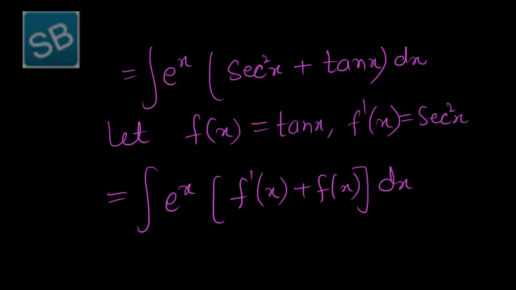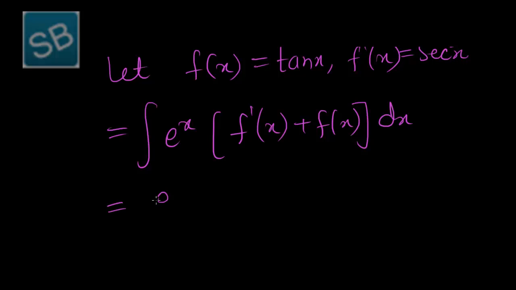Its result is e raised to power x f(x). What is f(x)? f(x) is here tan x, plus c. So this is our required result. While doing a problem, we have to concentrate on the question, what our result is, and which form can be used. This should be decided.